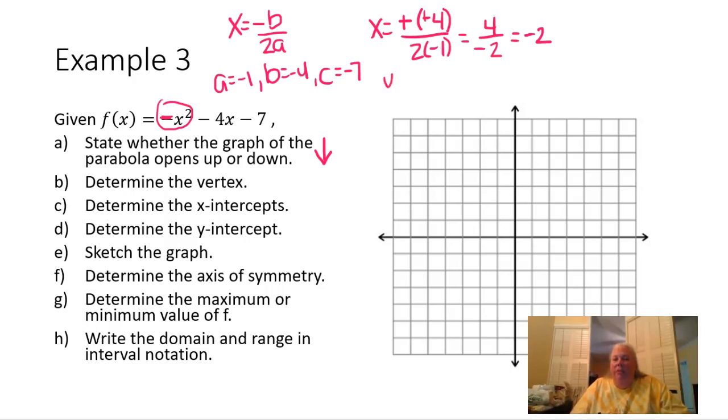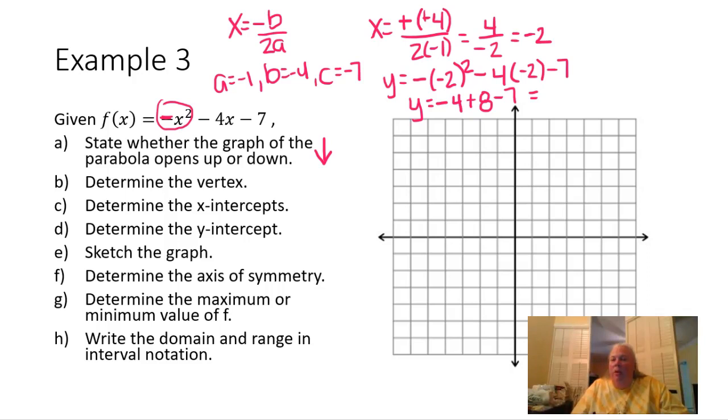Alright, so let's see. To find the y-coordinate, we're going to substitute in -2 for x, so we have the opposite of -2 squared, minus 4 times -2 minus 7. -2 squared is +4, so we've got the opposite of 4. -4 times -2 is going to give us +8, and then minus 7.